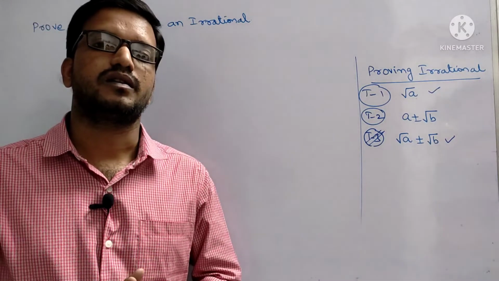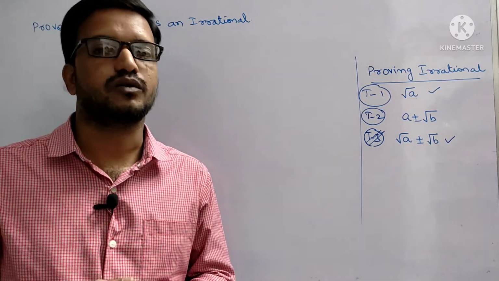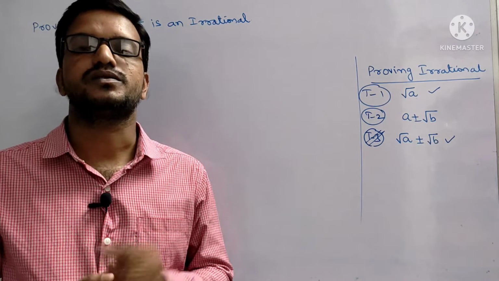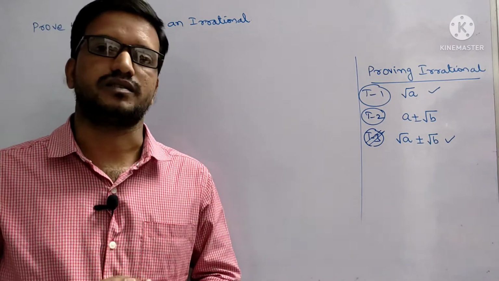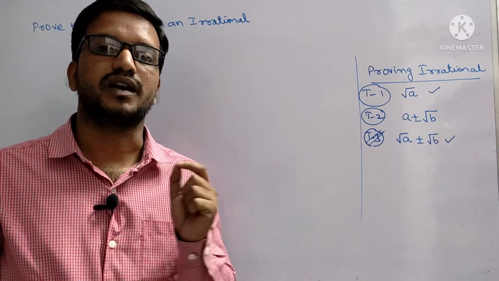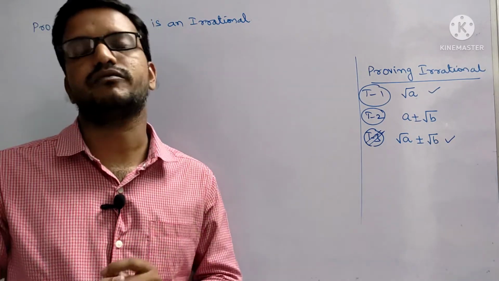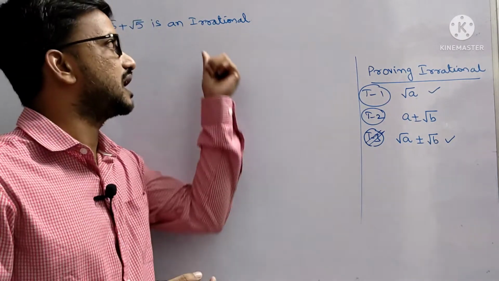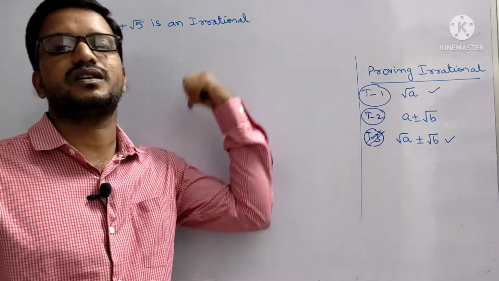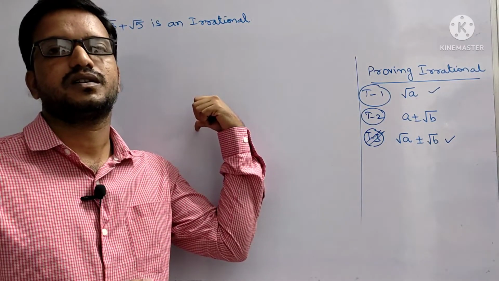So remember, the method that we are going to apply here is known as the method of contradiction. Under this method of contradiction, we have to assume the opposite of the given statement.